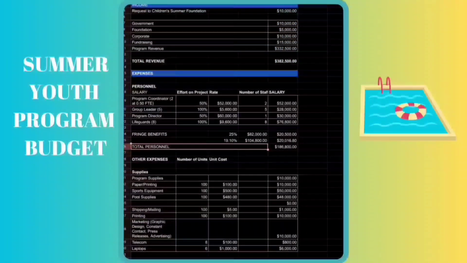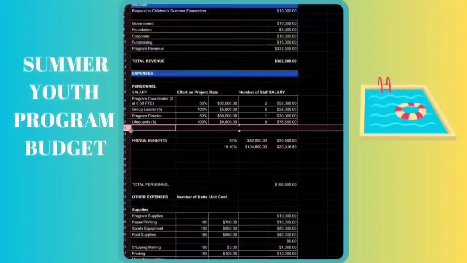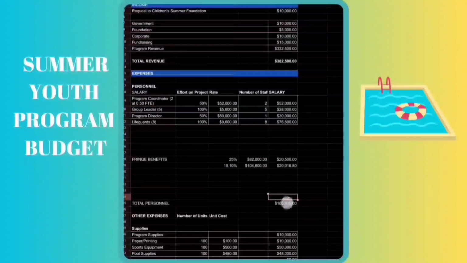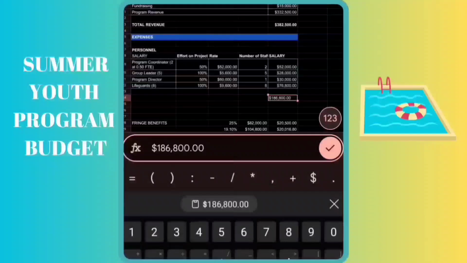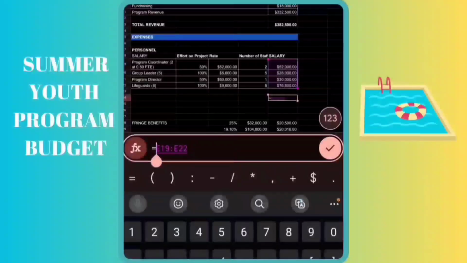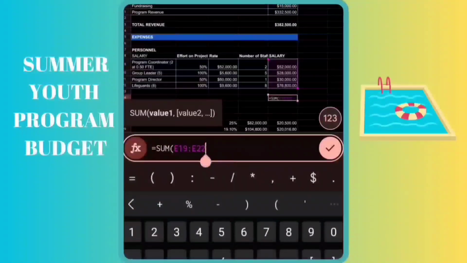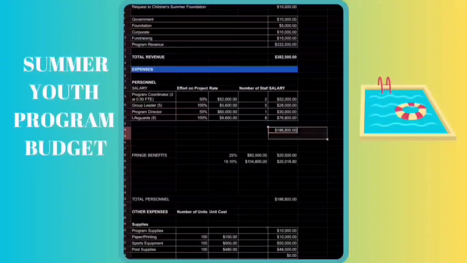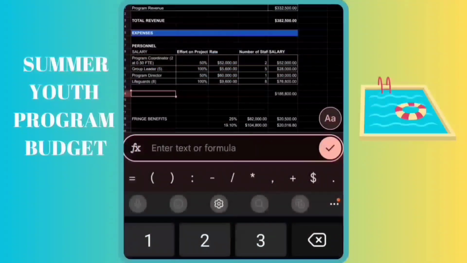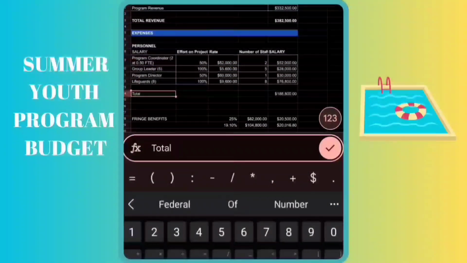Now the total personnel is going to be the salaries plus the fringe benefits. So in order to do this, we have to add the salaries together. It's going to be the sum of cells E19 to E22.